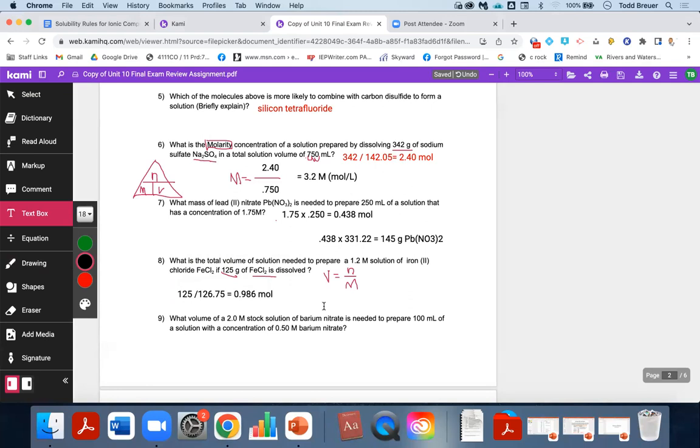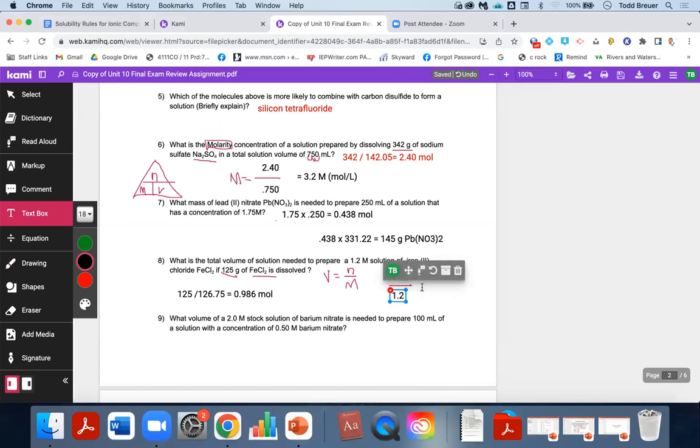Now we're going to take that mole amount and divide by the concentration, 1.2, and that will give us what we need. So we plug N in. N is 0.986. We're going to divide by M, which they gave us in the words, 1.2.